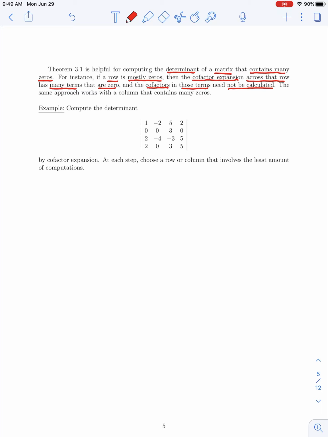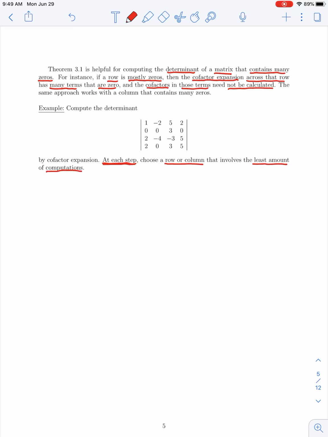So using that fact, let's look at the following example. Here we are asked to compute the determinant of this 4 by 4 matrix by using a cofactor expansion. And we're told that at each step in this expansion, we want to choose a row or column that involves the least amount of computation.